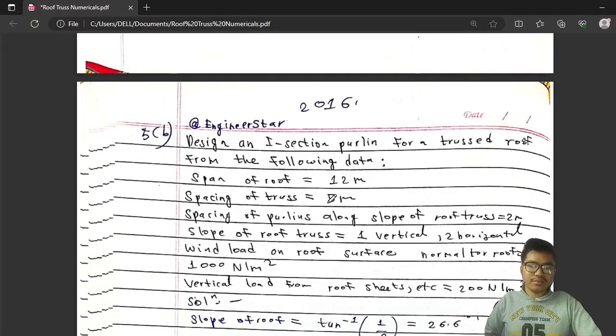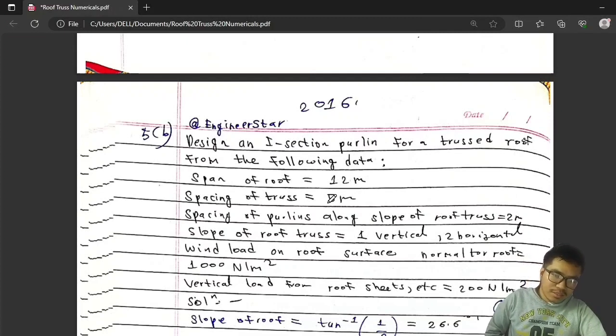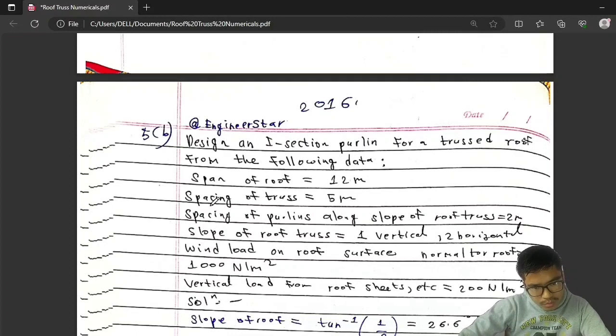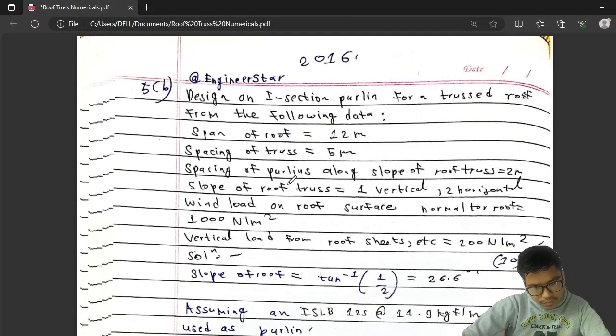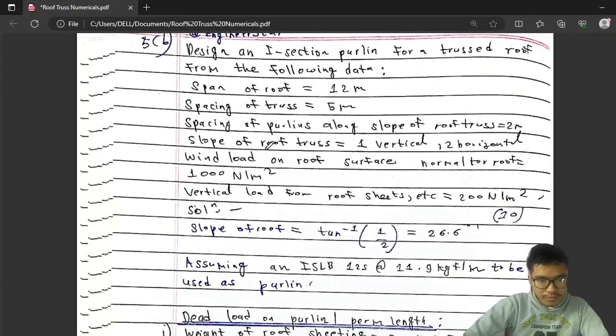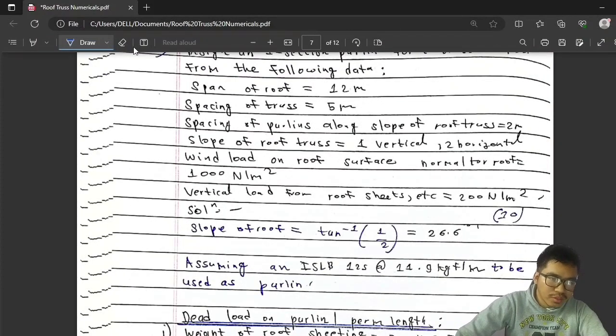Design an I section purlin. We have to design an I section purlin for a truss roof from the following data. Span of roof is 12 meters.